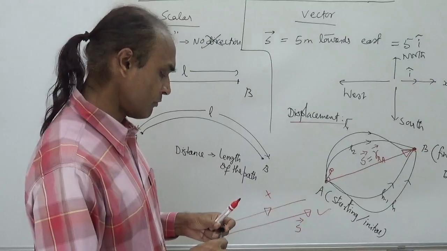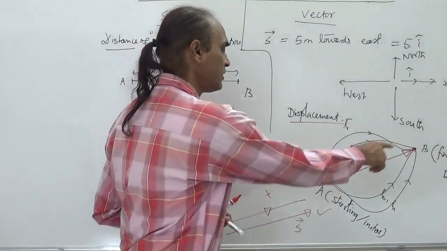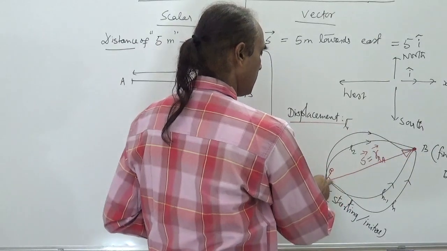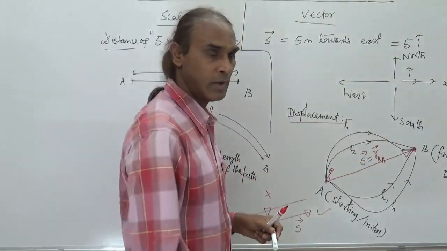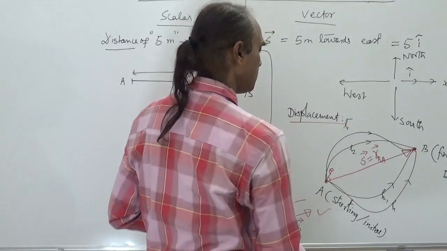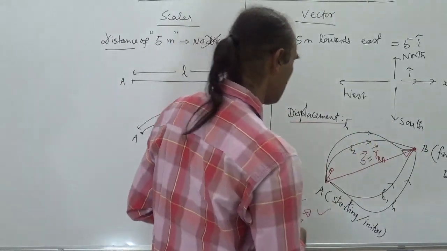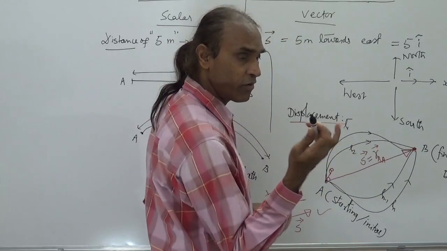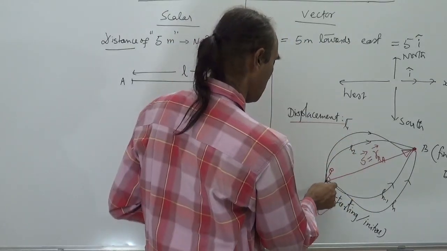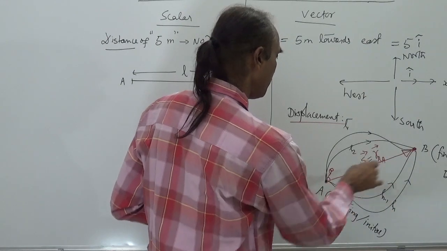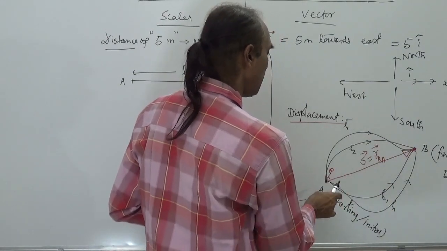It is pointing from the initial position to the final position and directed in this way. If you put the tip of the marker at the end of the segment, the tip moves from A to B in different paths.